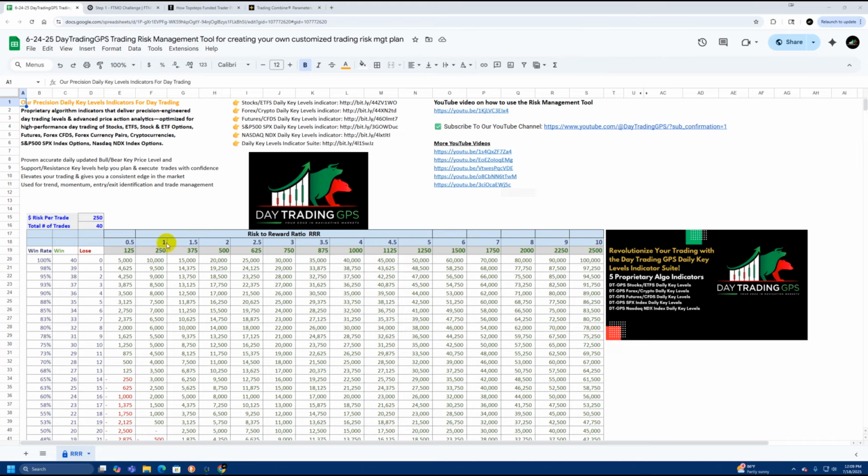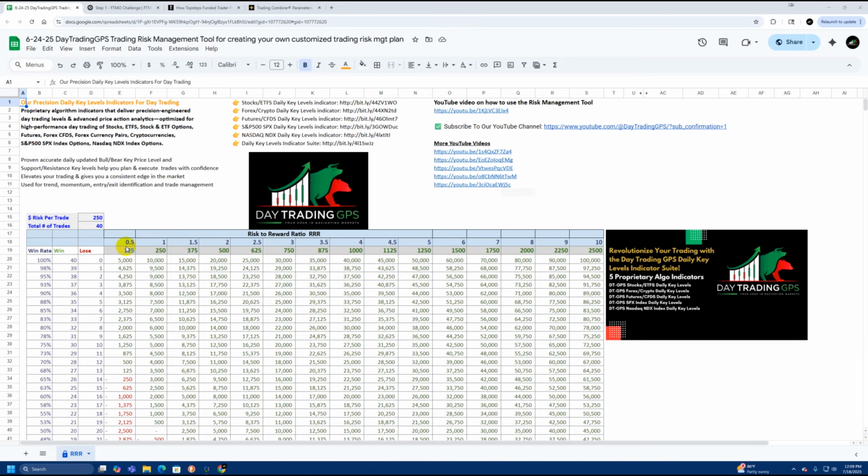Now you can change these if you want. If, for example, you wanted to do 0.5 and then make this 0.75 and then 1.0 and then 1.25, 1.50, 1.75, etc., you can change these. This is customizable. You can change these to whatever you want.